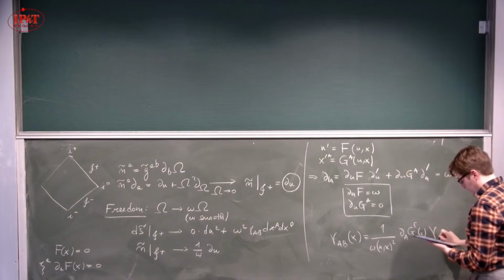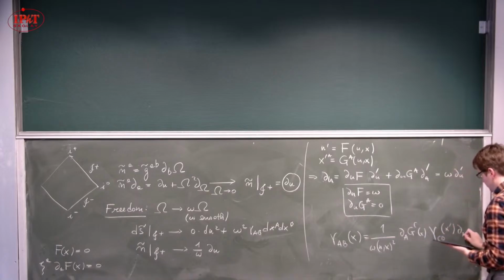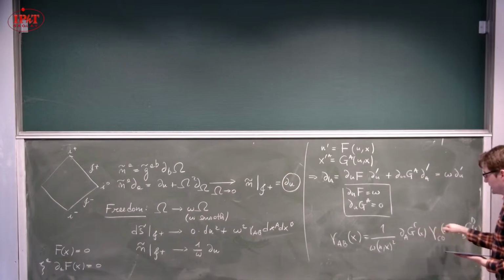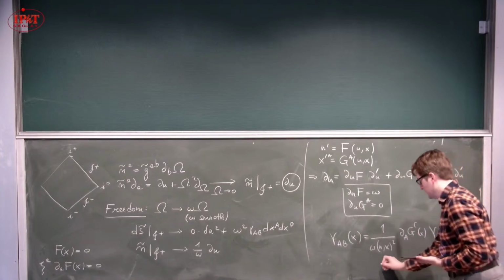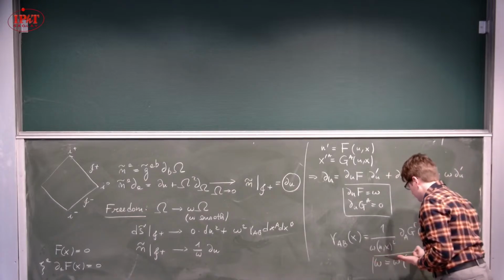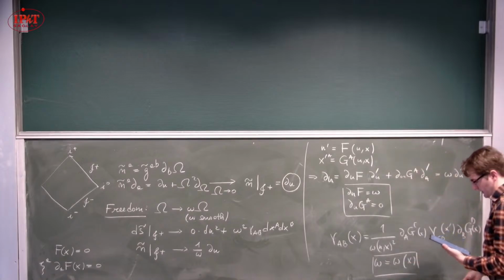Gamma, the same metric, so gamma without any prime, cd, calculated at x prime, dg dx. So from this relation, which is just the conformal rescaling over there, we see that omega cannot depend on u because nothing else depends on u. This is another constraint that we get.